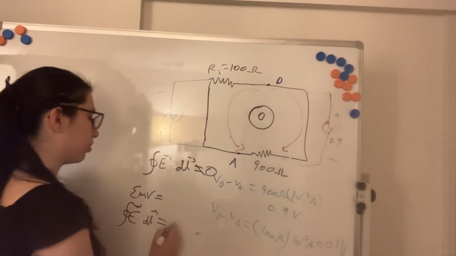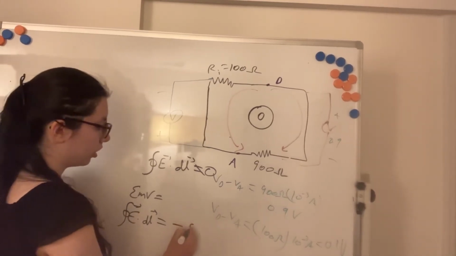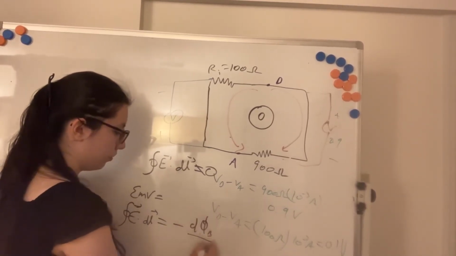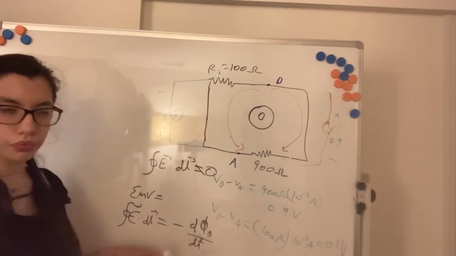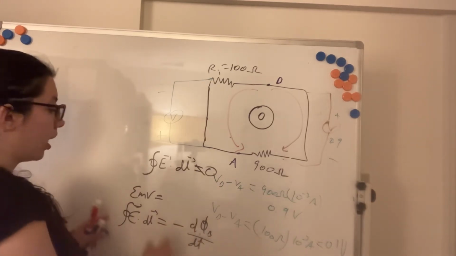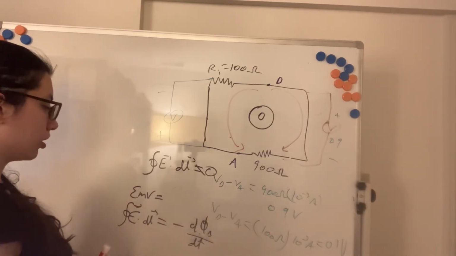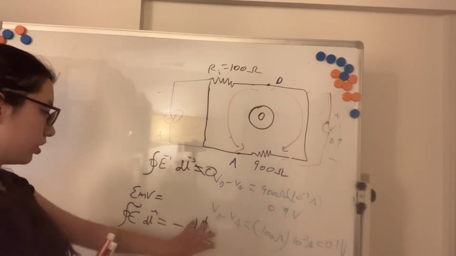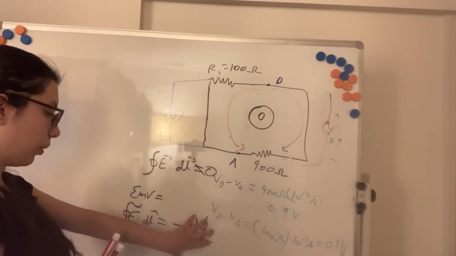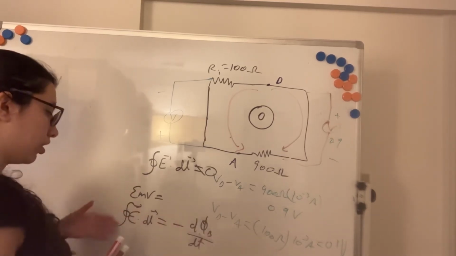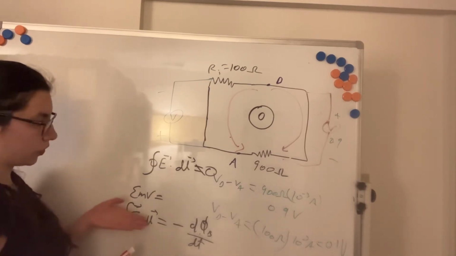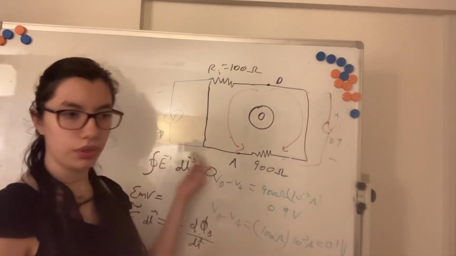This is equal to the negative time derivative of the magnetic flux. So this always holds. If we have a 0 change in magnetic flux with respect to time, then the closed loop integral of E dot dl is equal to 0, and we have Kirchhoff's rule.